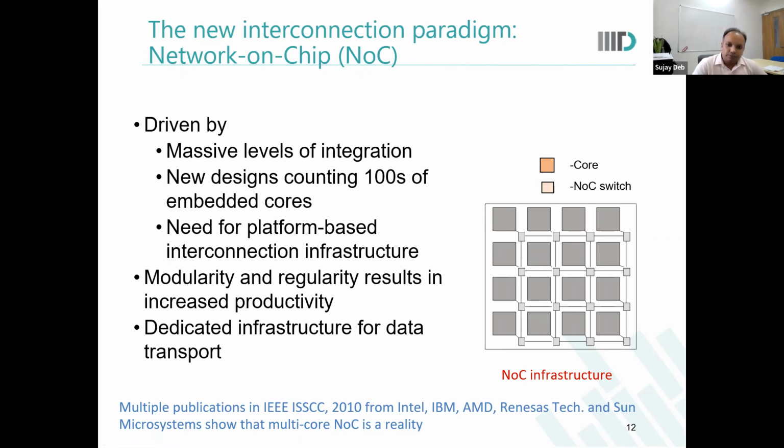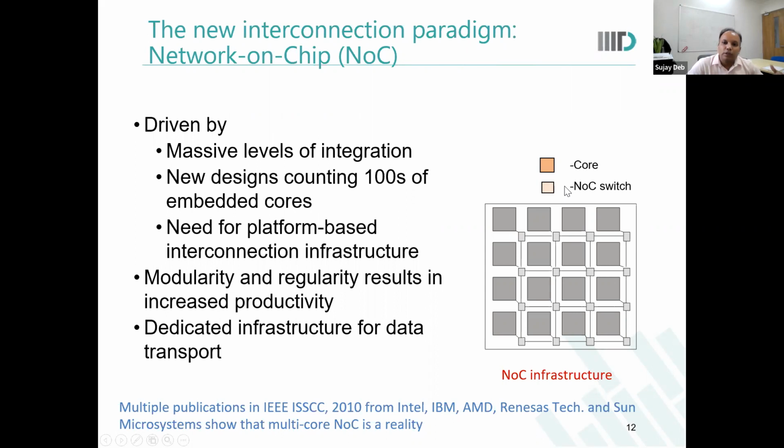All the multi-core chips you see with more than 16 or 32 cores invariably use network on chip. Companies interested in high performance computing and single chip solutions are investing heavily in network on chip of late.